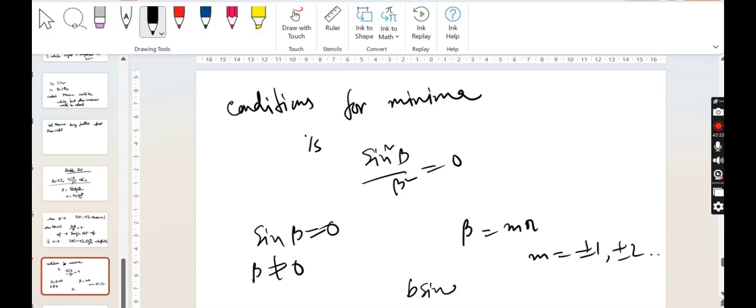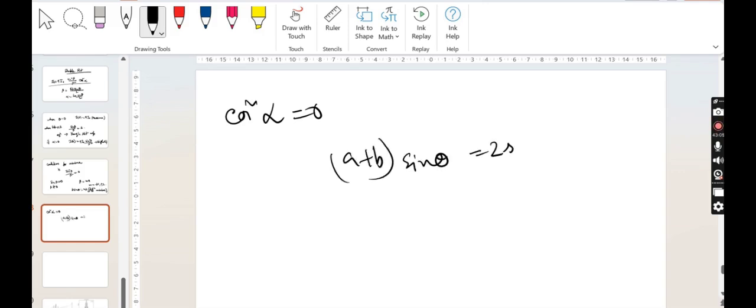So b sin theta is equal to m lambda. And this condition is called diffraction minimum. And due to the interference pattern of two slits, we will get an interference minimum also. So when cos square alpha becomes 0, that is when a plus b sin theta is equal to (2s plus 1) lambda by 2, we get minima. They are called interference minima.